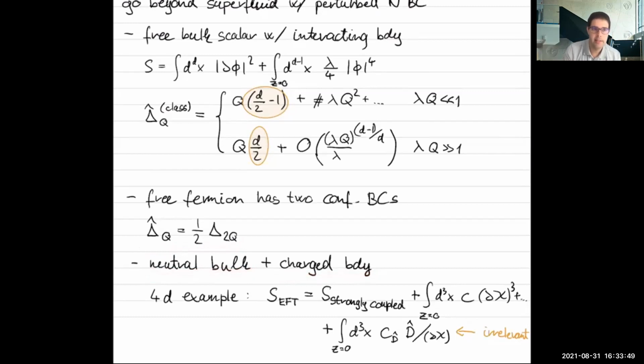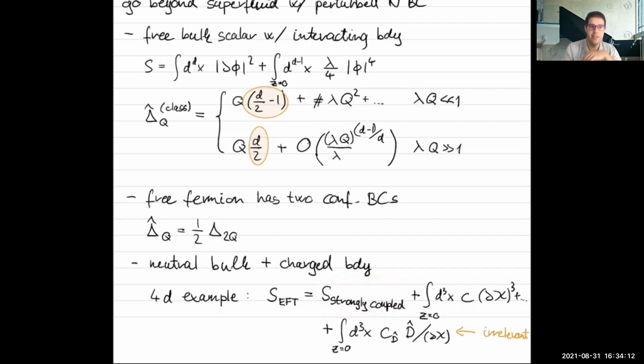In this case, you would expect that you get a superfluid only in the boundary. And that's true to some extent. So we get a boundary superfluid, but it induces some funny boundary conditions for the bulk CFT.